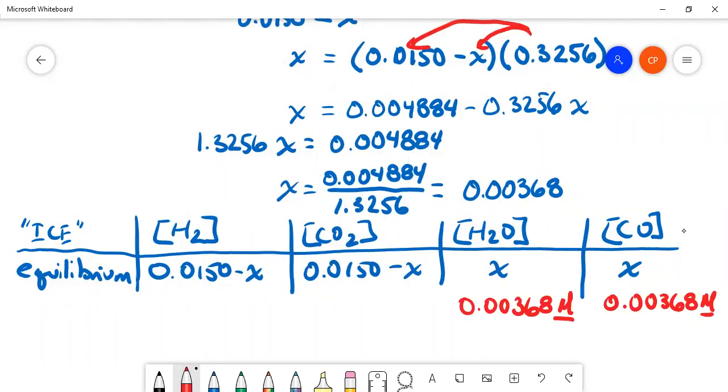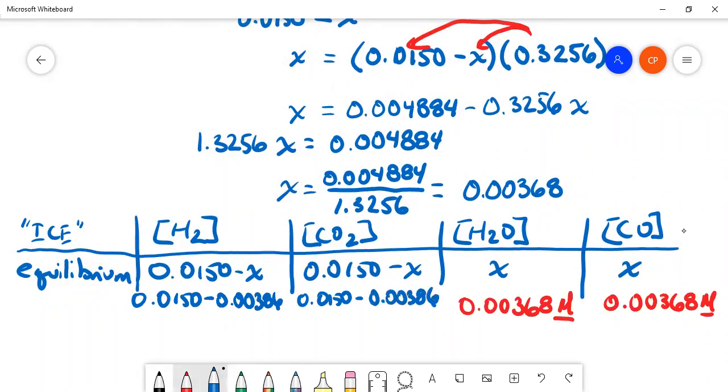For H2 and CO2, it's a little bit more sophisticated than that. It's doing my 0.0150 minus my 0.00368. And the result of that is going to be, 368, fine. I had it correct in the calculator, would have come out in the wash.